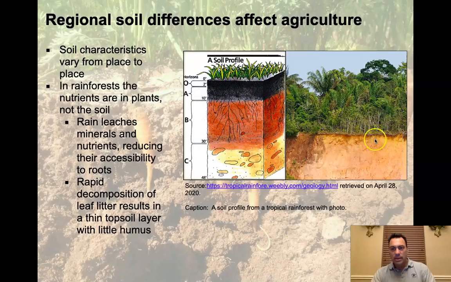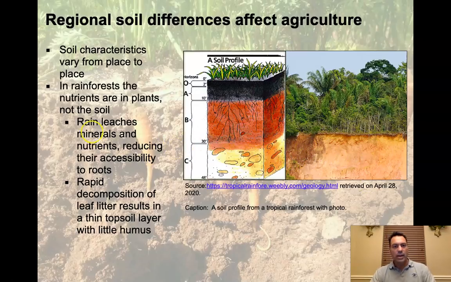And then here we see that orange, very, very illuviated B horizon, right? This is a zone of accumulation of those iron oxides over very long periods of time. It's turned it into a red soil that is actually not very fertile.